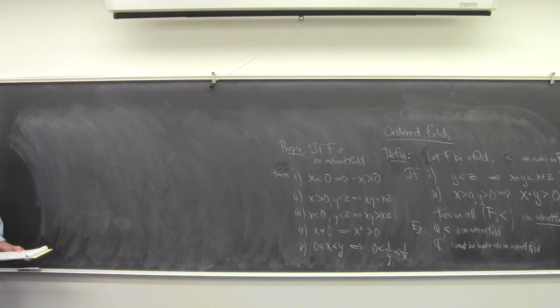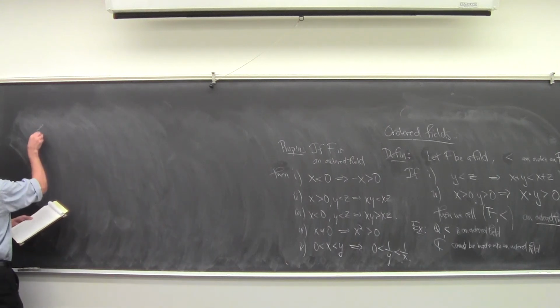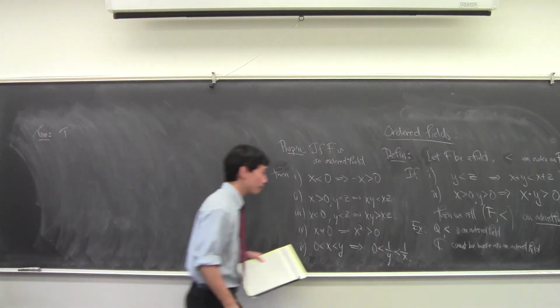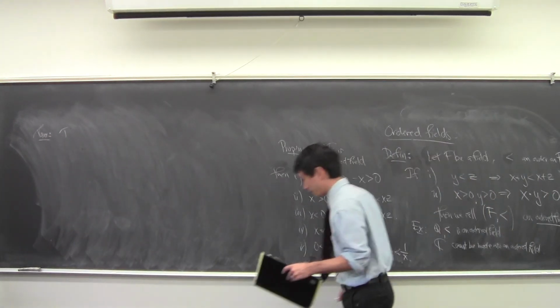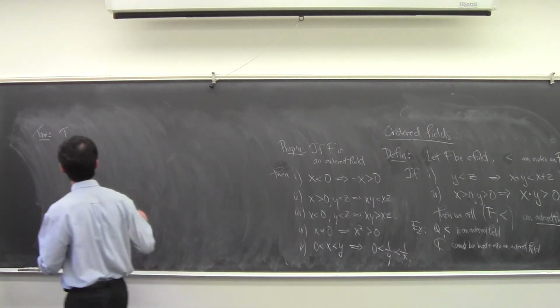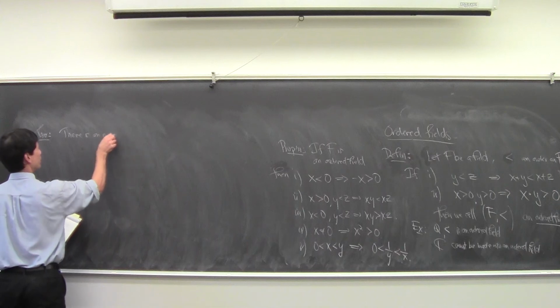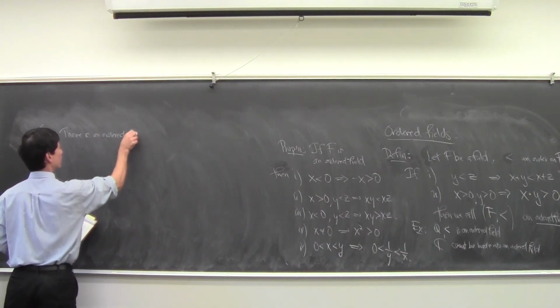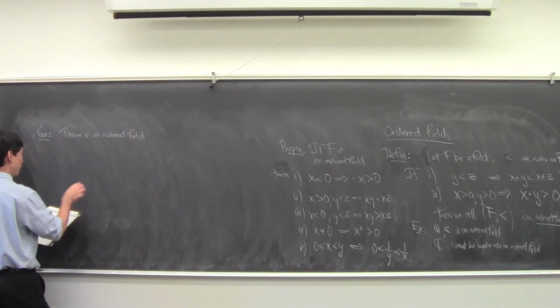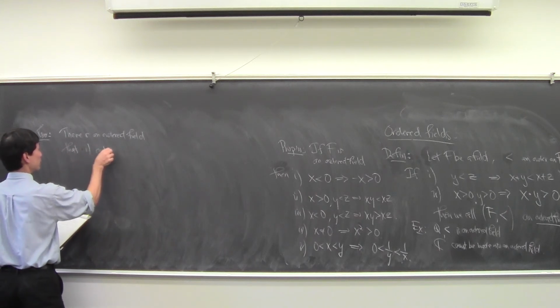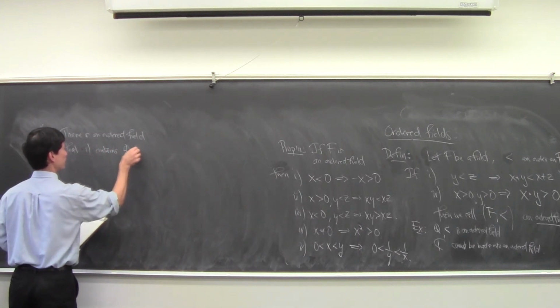Okay. So we're just going to put this on as a theorem. There is an ordered field that, one, contains the rationals as a subfield.